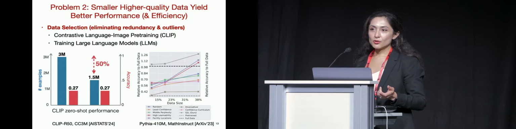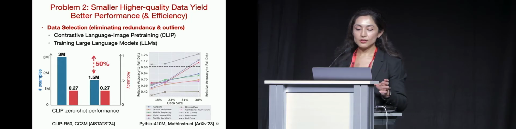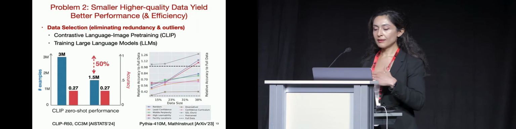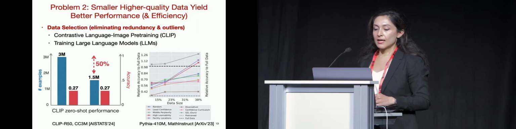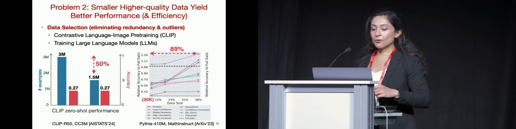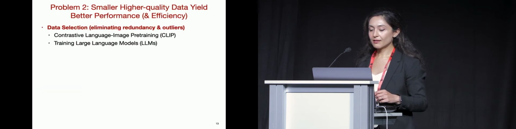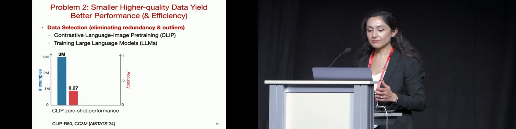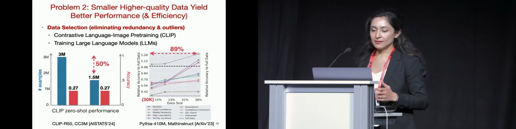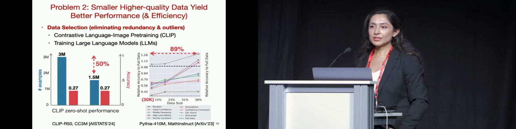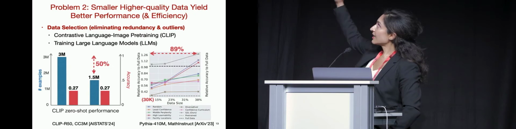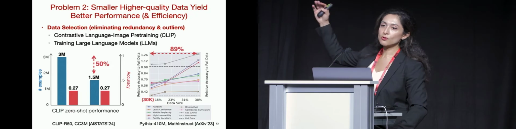Let's look at language model fine-tuning. This is fine-tuning Pythia on the MathInstruct dataset for solving mathematics questions. Now, you see that if we go with only 11% of this data, a 90% reduction in size, the dashed black line is the full data performance.